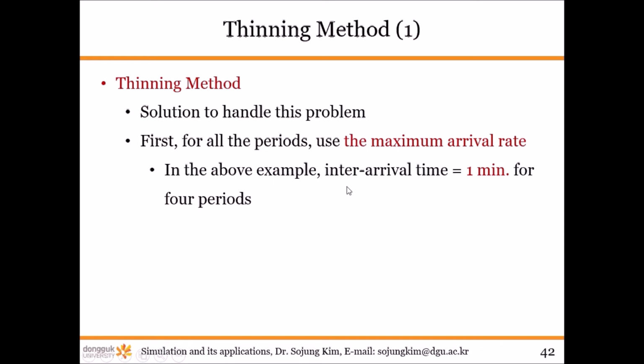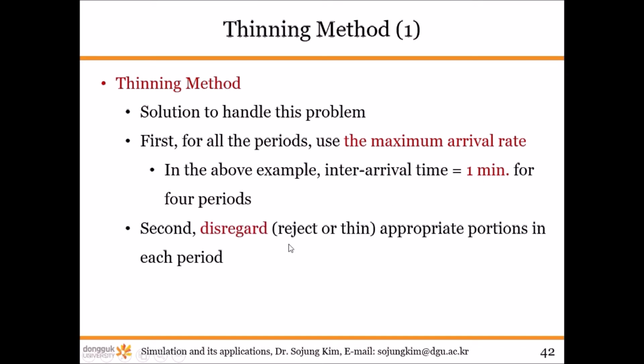In the above example, the maximum rate is 60 customers per hour, right? So the interval time of that setting will be 1 minute. You can use this rate for all 4 periods, and then second, disregard the appropriate portion in each period.